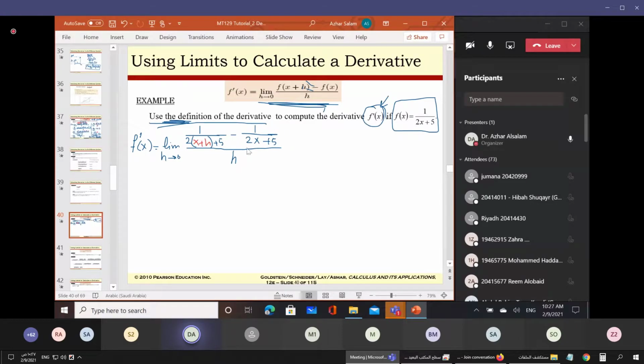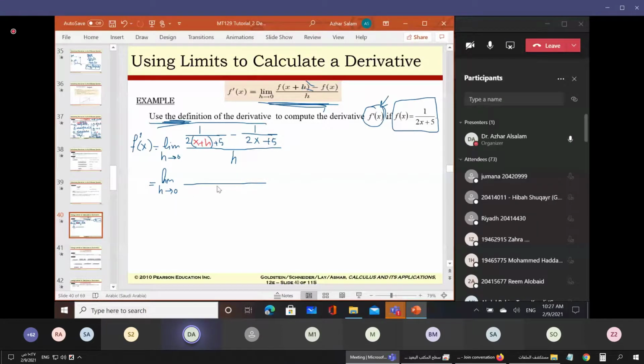All these in the numerator. So now I will complete here. Limit when h approaches 0. Of course, we have to simplify this.